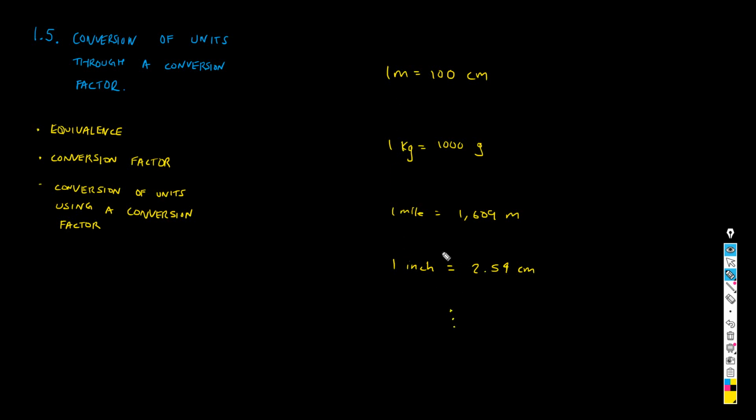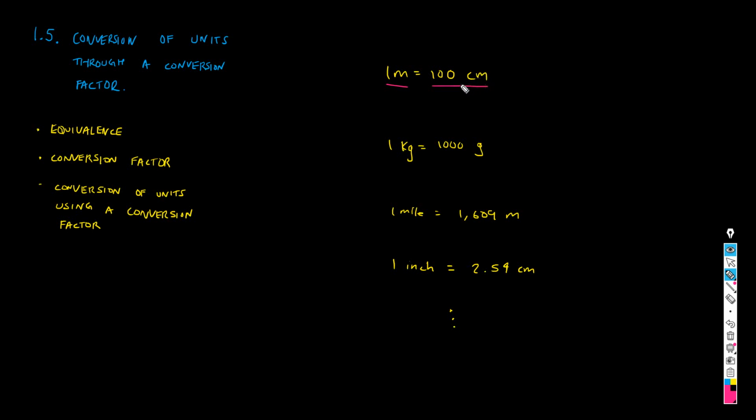So all of these things are equivalences. So what is an equivalence? It's basically stating that a quantity in a certain unit, which in this case is 1 meter, is equal to another quantity, but in another unit.